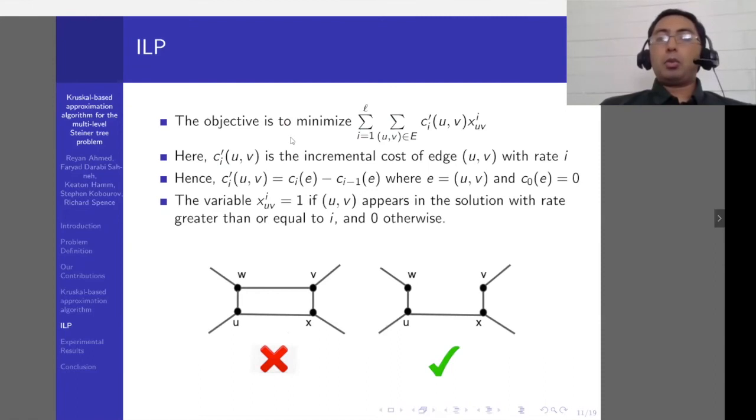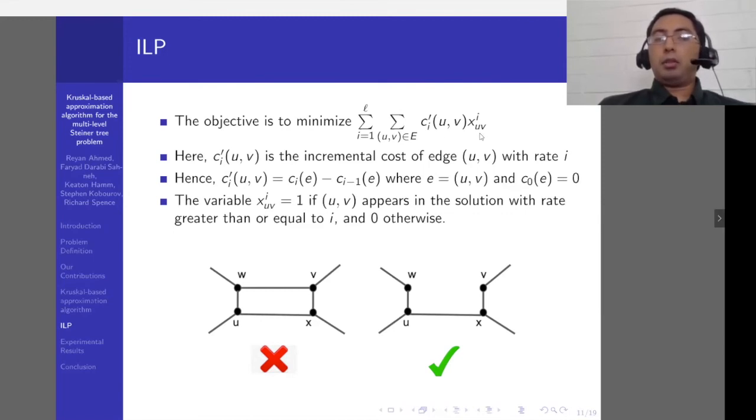The objective is to minimize this summation. Here, c'_i(uv) is the incremental cost of edge uv with rate i. Hence, c'_i(uv) is equal to c_i(e) minus c_{i-1}(e), where e is equal to uv and c_0(e) is equal to 0.